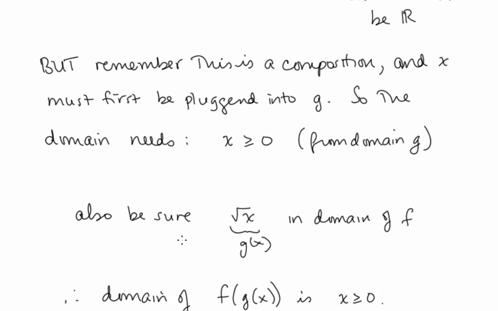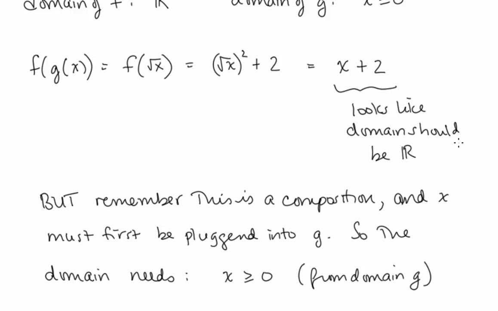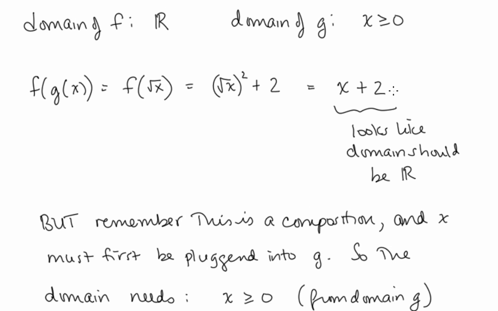So our domain here of f of g of x is going to be x greater than or equal to 0. So again, don't be fooled by the final function. You have to consider the process that it took to get to this function. Because we're plugging g into f, we have to consider the domain of g first, and also consider that g of x is in the domain of f.